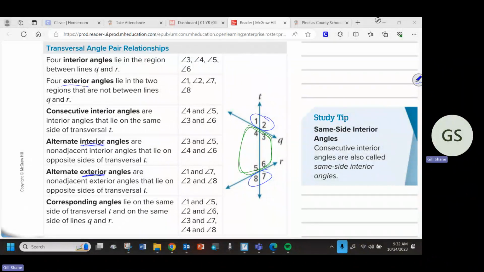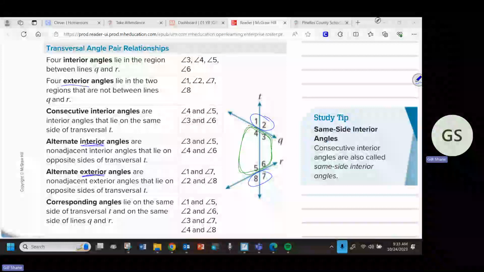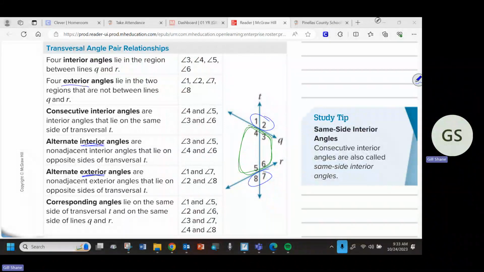We have what's called alternate or alternating interior. Alternate, what's alternate mean? It means that you're kind of going back and forth. Like if you alternate things, you're going back and forth between them.